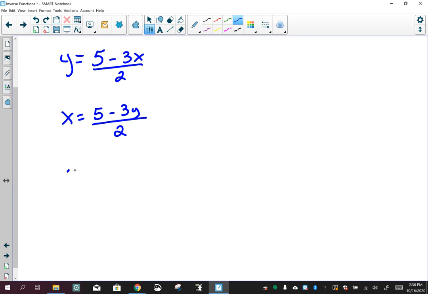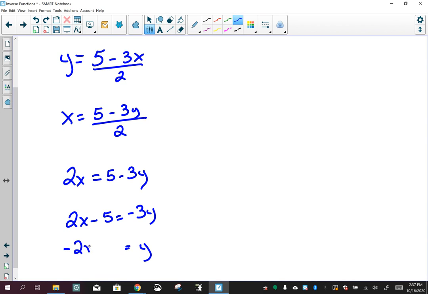So this gives me 2x is equal to 5 minus 3y. So 2x minus 5 is equal to a negative 3y. So y is equal to a negative 2x plus 5 all over 3. And there's nothing else I can do, so that would be your inverse.